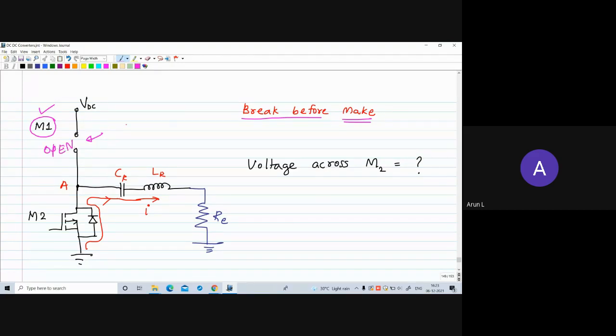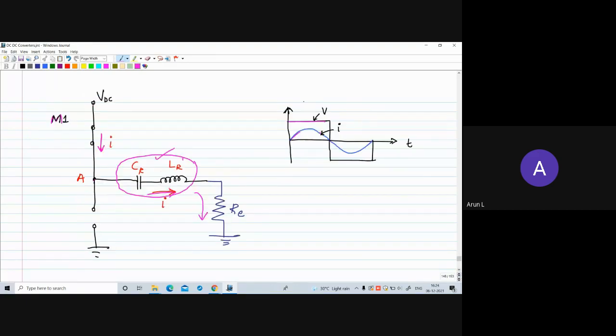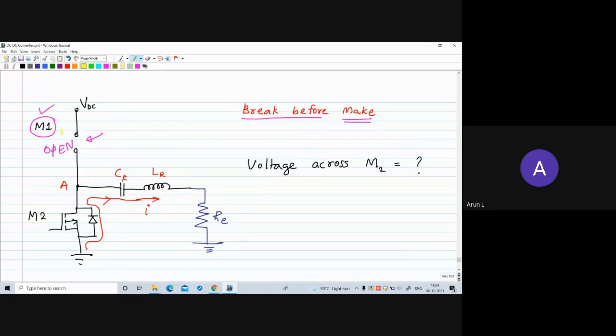Some current was initially flowing in the circuit this way, in this path, so we cannot break that current. So the moment you open switch M1, current will continue to flow through this diode and this path. So this diode will be forced to turn on.